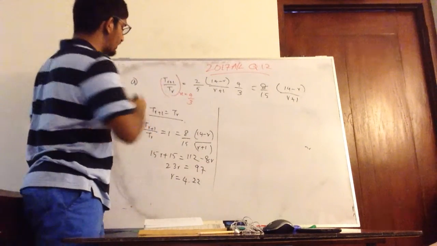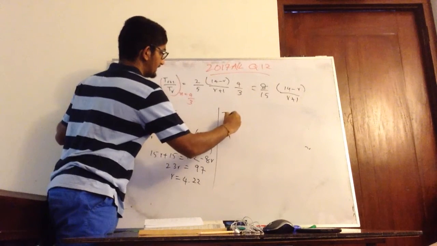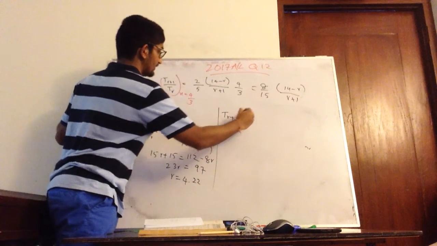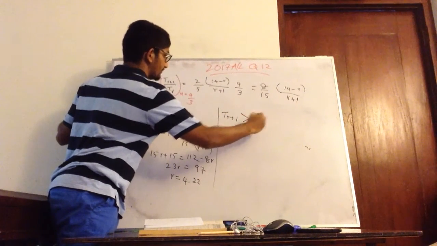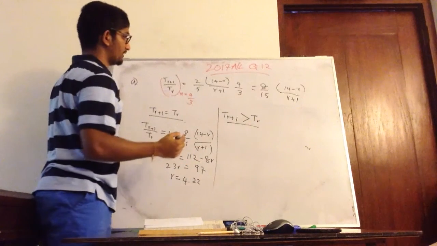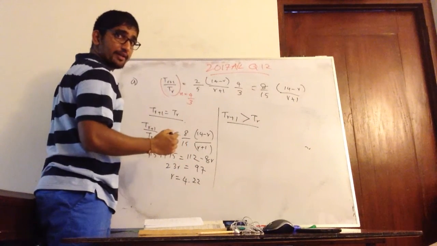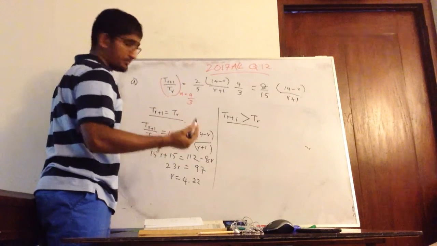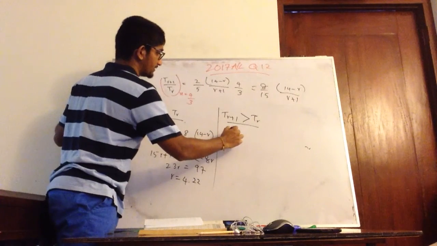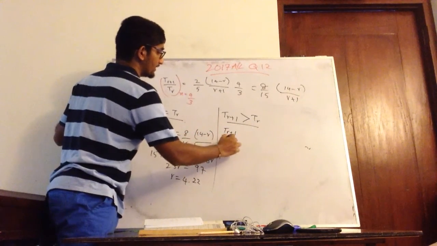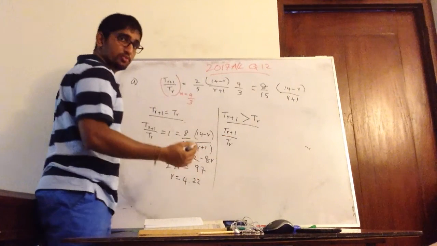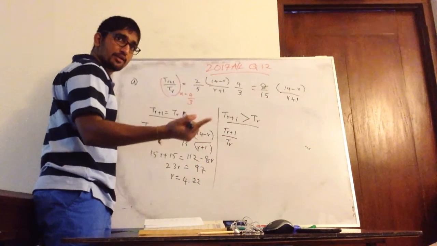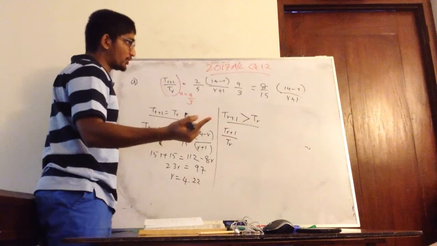So then I'll do that when T(R+1) is greater than T(R). What does that mean? That means T(R+1) over T(R) is going to be greater than 1. Correct, no?